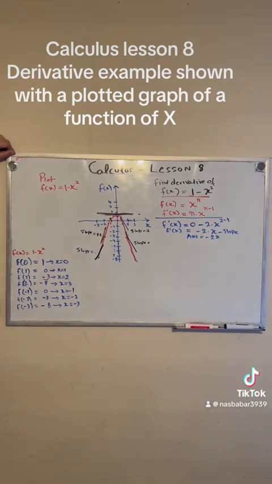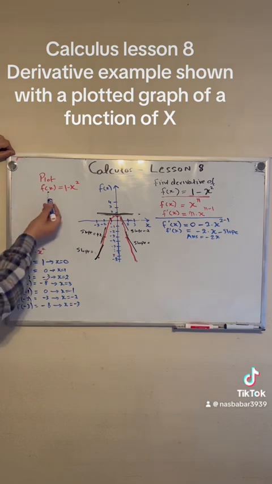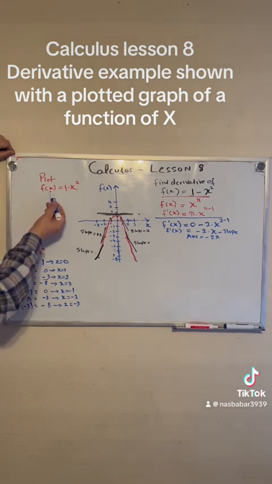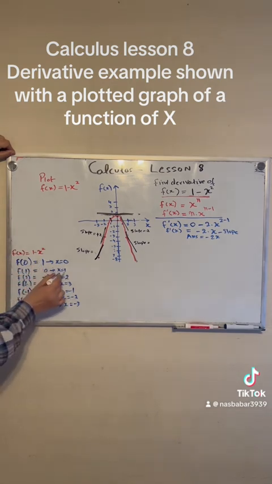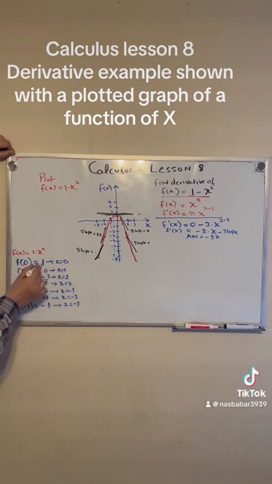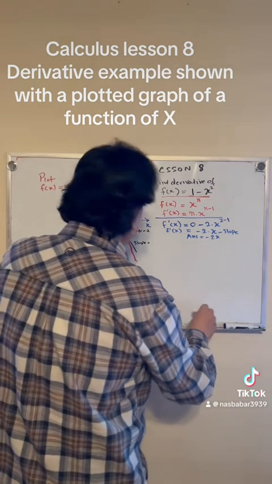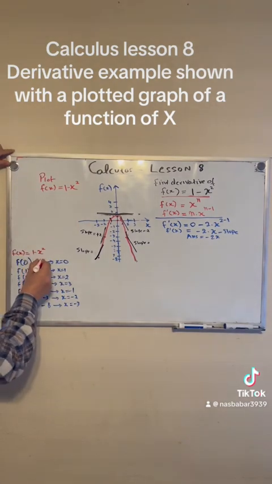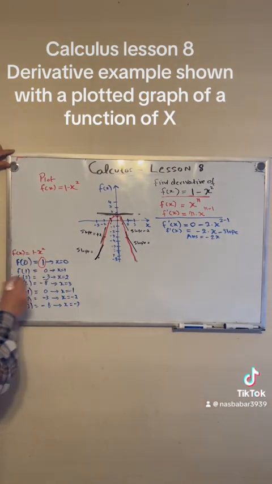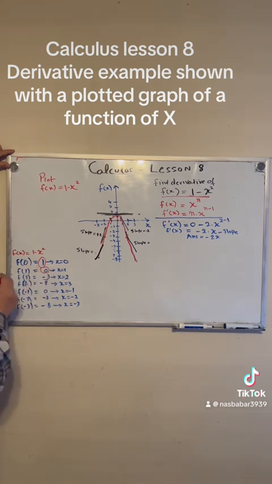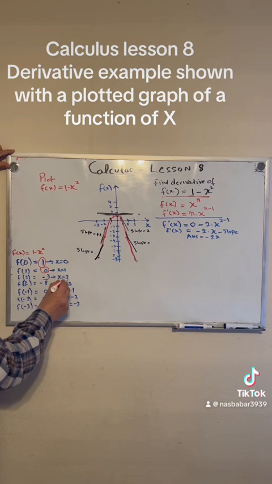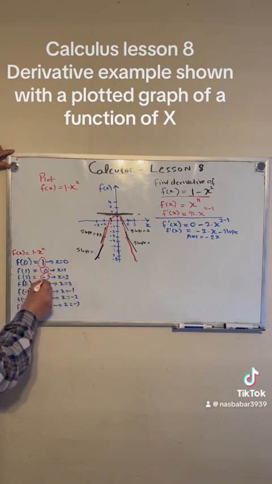What I'm going to do is replace x by 0. If I replace it by 0, my function becomes 1. If I replace x by 1, my function becomes 0. If I replace x by 2, my function becomes minus 3.